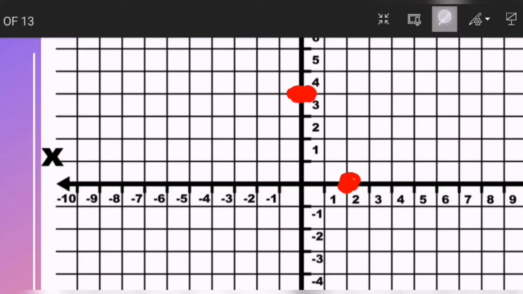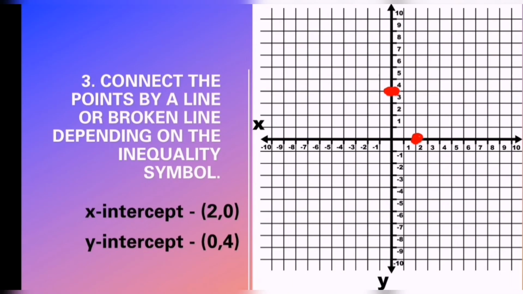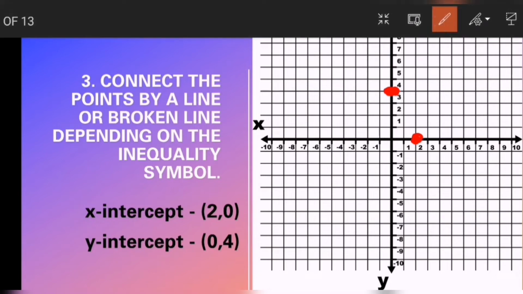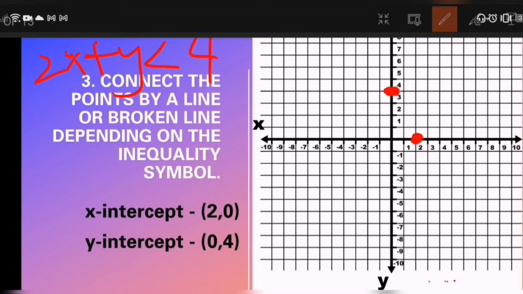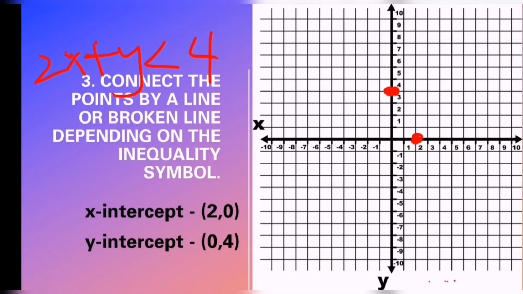Now, bago natin siya i-connect, I want you to take note of the idea of the inequality symbol. So, you have the given 2x plus y less than 4. Okay. So, malaking bagay dito sa ating step 3 kung ano yung symbol. So, meron tayong symbol na less than.